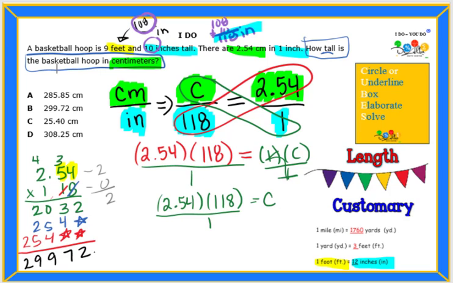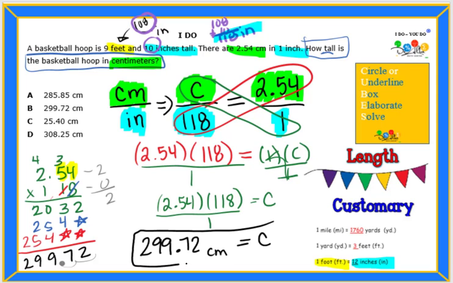We start at the very end and go in 1, 2. So our decimal goes there. We got our product, so C is equal to 299.72. And remember, we have centimeters. So our correct answer is B.